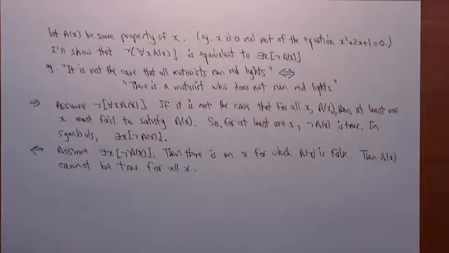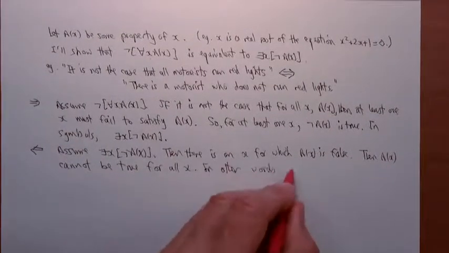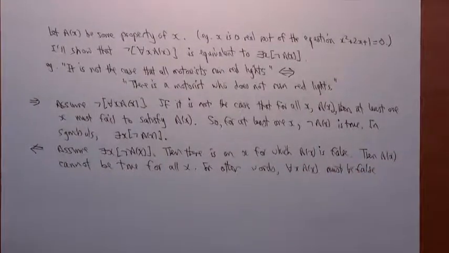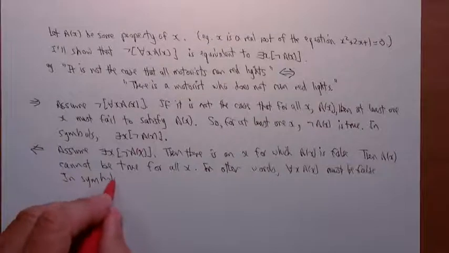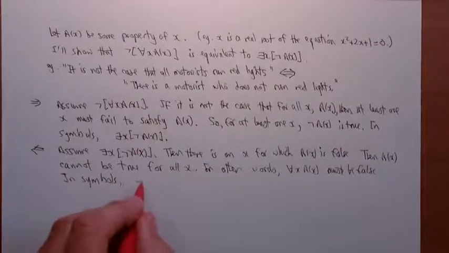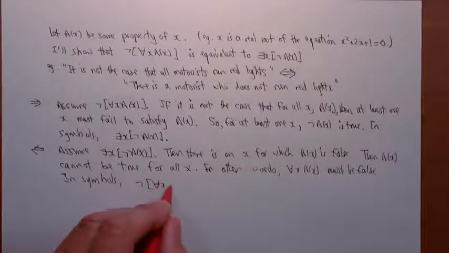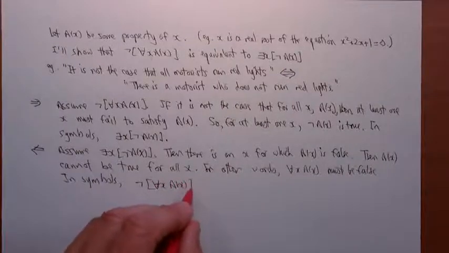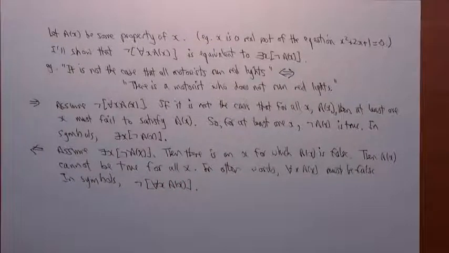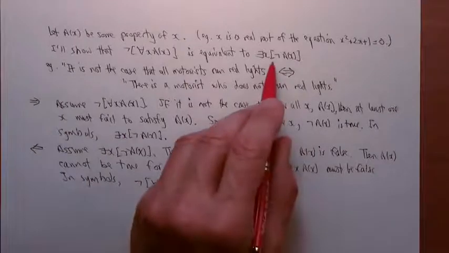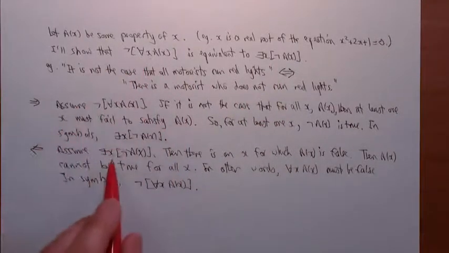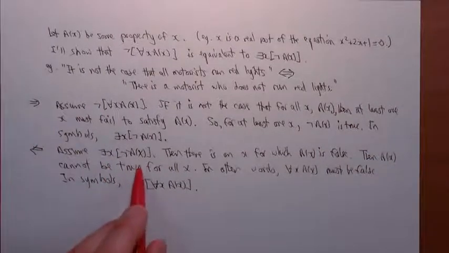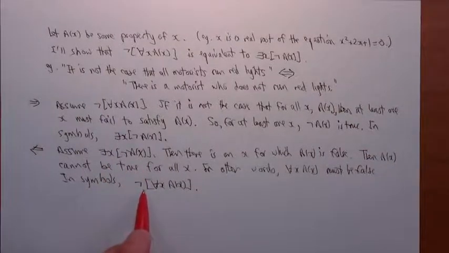Expressing that in symbols, it's not the case that for all x, A of x. And now I've proved the second implication, from exists x not A of x to not for all x A of x. Assume exists x not A of x, conclude not for all x A of x.